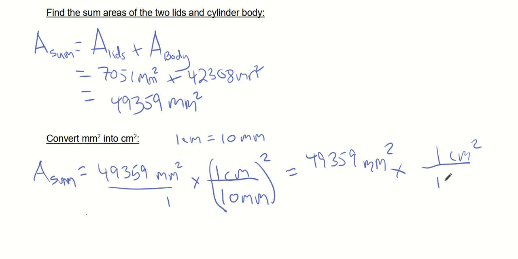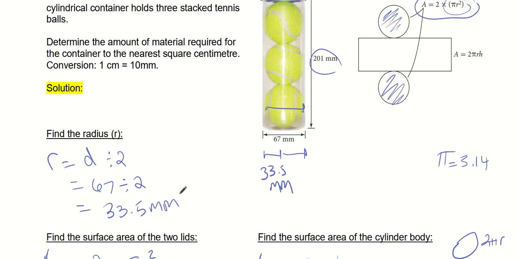And over here we have 100, because this 2 applied to the 10 milliliters squared. Now this can cancel out with this, and now you have 494 centimeters squared, which is the answer we want.